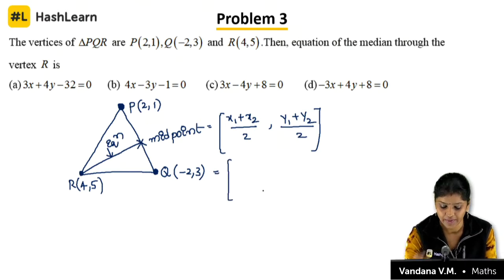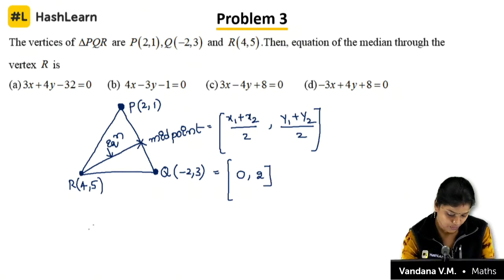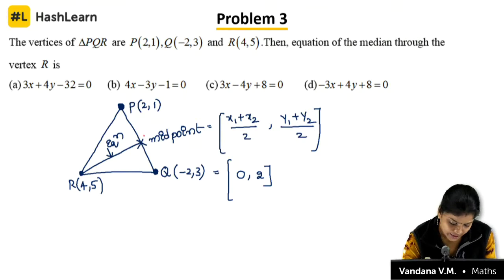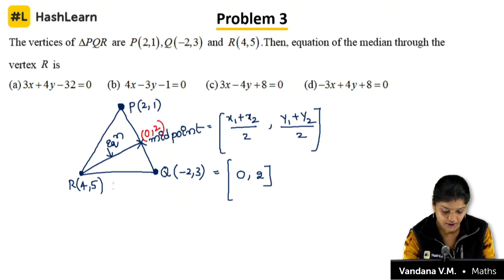So x1 plus x2, 2 plus minus 2, that is 0, and 1 plus 3, that is 4 by 2 is 2. So this point is 0, 2.